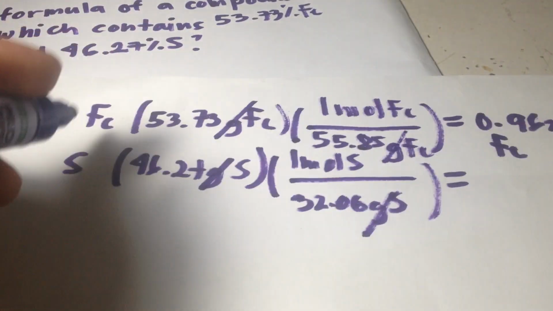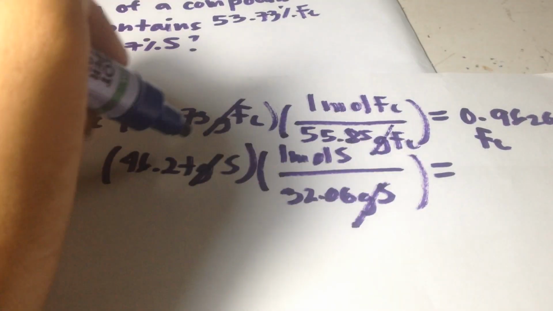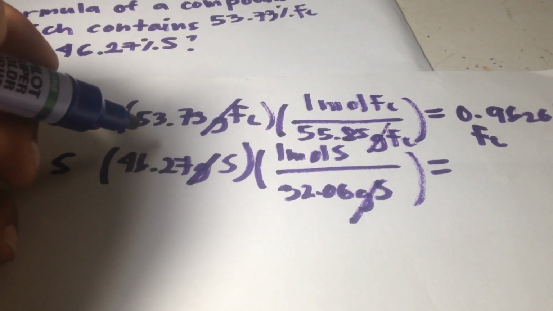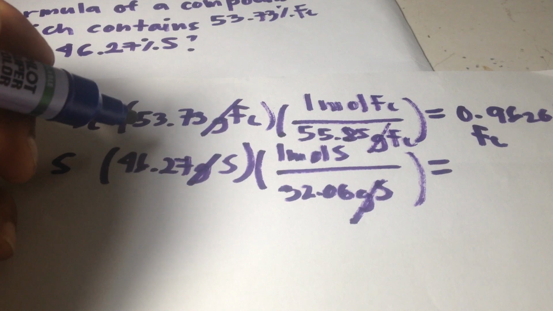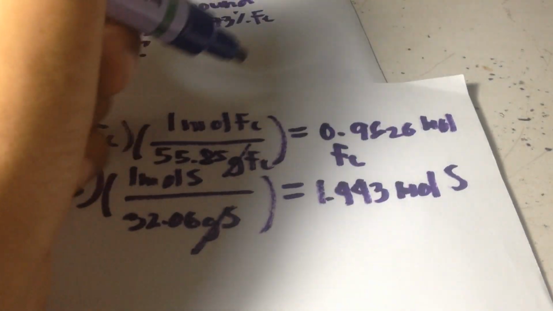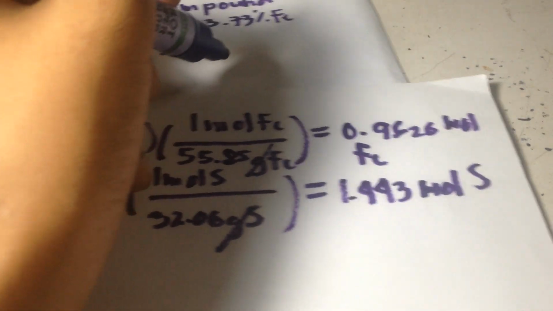Okay, and 46.27 divided by 32.06 is equal to 1.443 moles of sulfur.